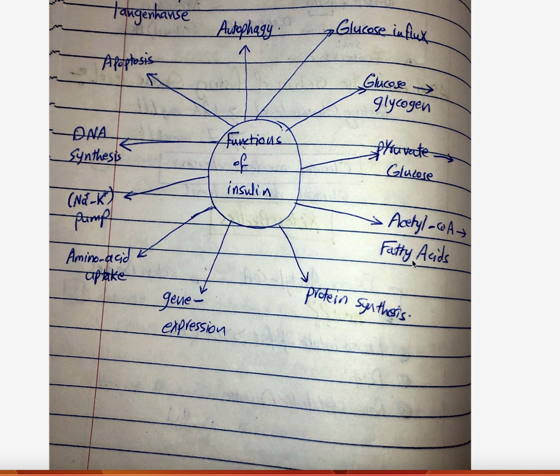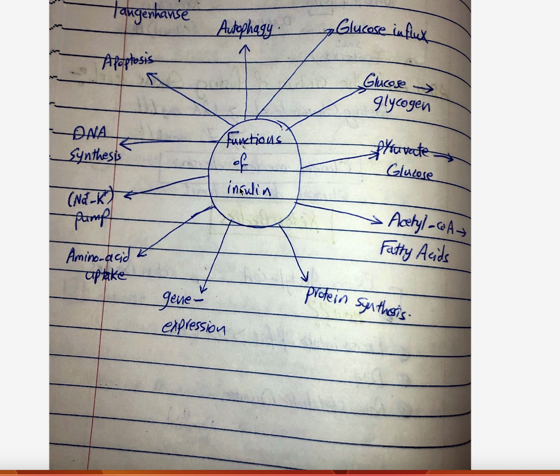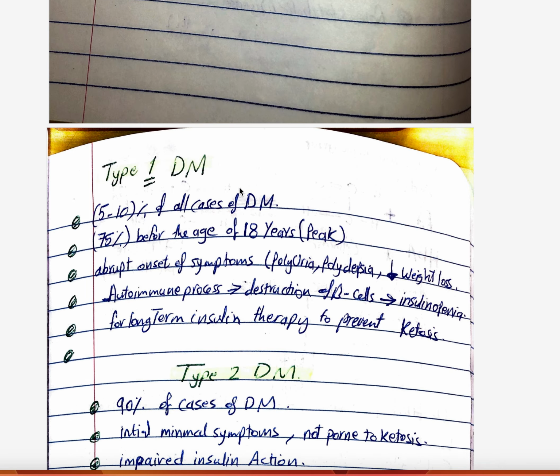Actually it doesn't cause an increase in the level of fatty acid. Okay, it's responsible for protein synthesis, gene expression, amino acid uptake, the potassium sodium pump, DNA synthesis, apoptosis, and also autophagy. So I think that it is against autophagy and against apoptosis, because insulin is an anabolic hormone.